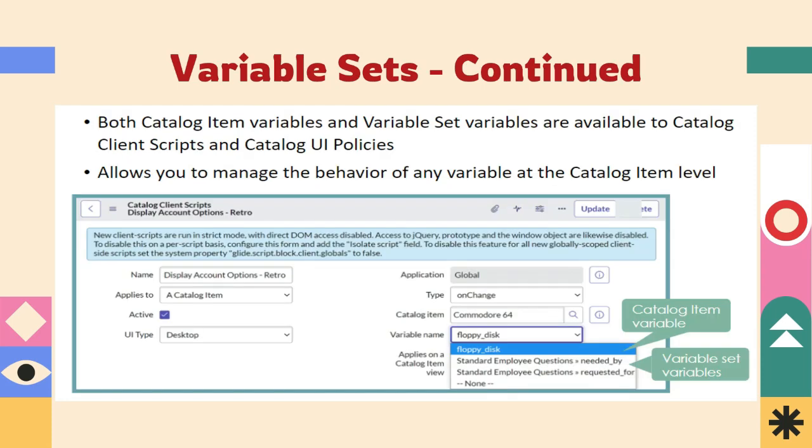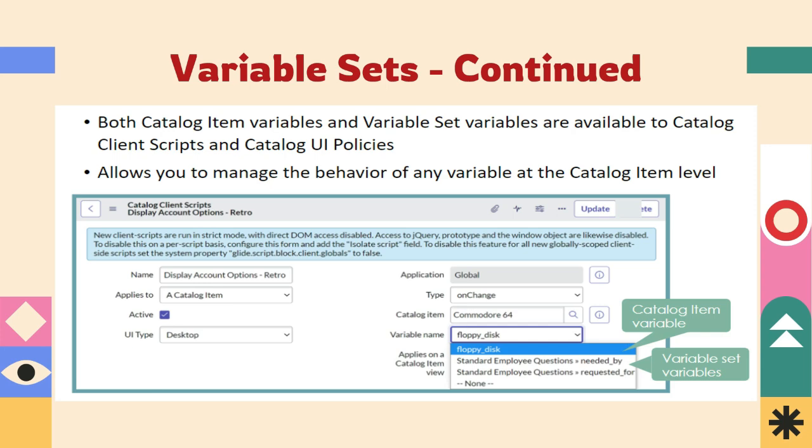Both catalog item variables and variable set variables are available to the catalog client scripts and catalog UI policies, and it will allow you to manage the behavior of any variable at the catalog item level. Suppose we are using some variable set, then we can access that variable at catalog item level.